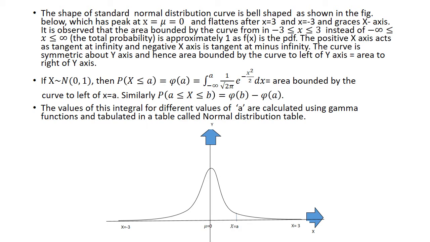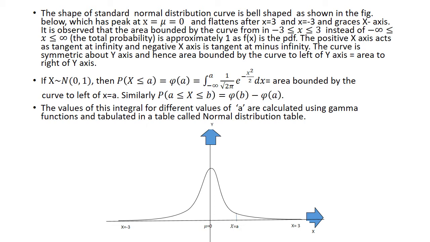The positive x-axis acts as tangent at infinity and negative x-axis is tangent at minus infinity. The curve is symmetrical about y-axis and hence area bounded by the curve to the left of y-axis is equal to area bounded by the curve to the right of y-axis.